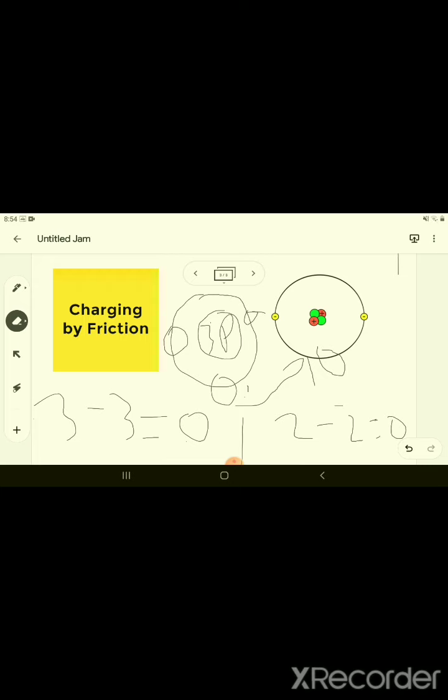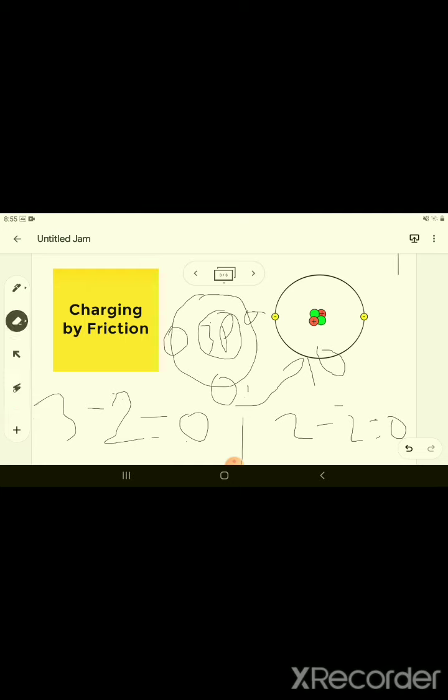However, we've lost an electron, so we have 2 negative charges.